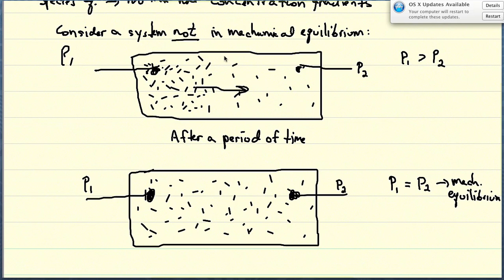And recall what always happens with natural processes: entropy is generated, right? Remember that entropy generation is only ever positive. So if I were to calculate an average entropy of this system, and call this S average, and then calculate the entropy of the system after it reached mechanical equilibrium, well, I generated entropy, right?